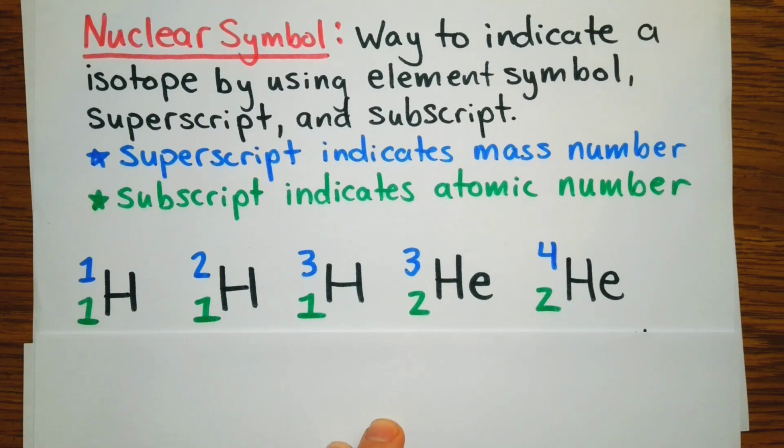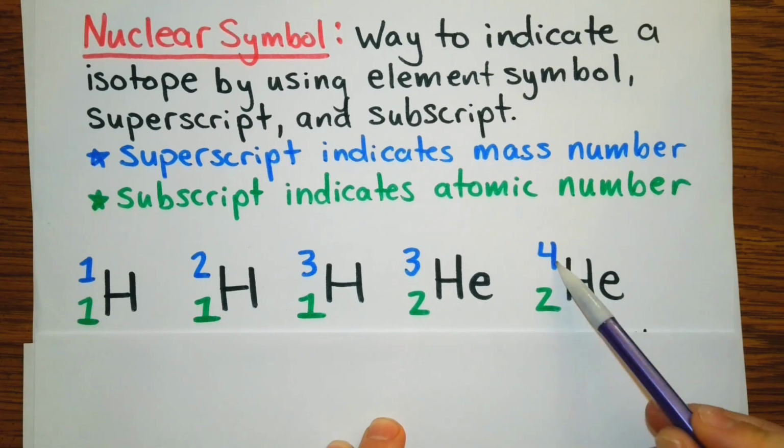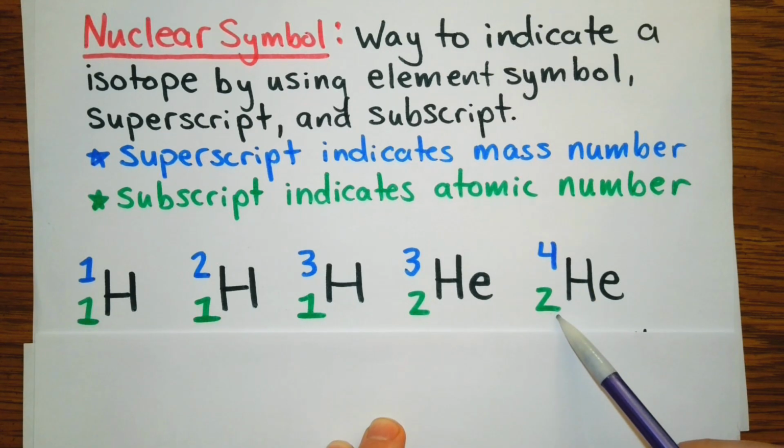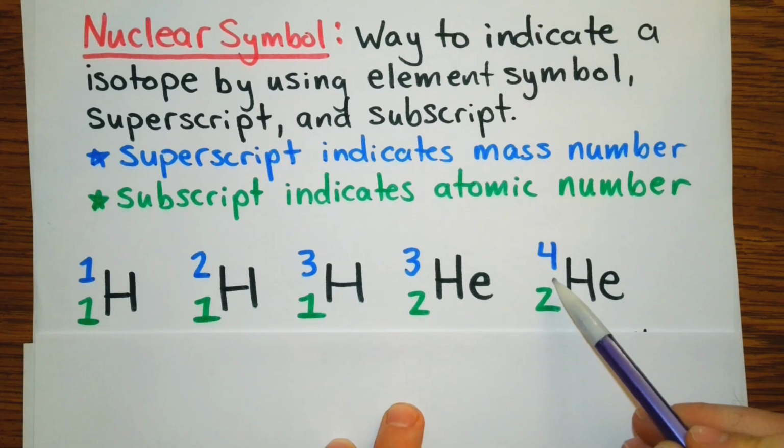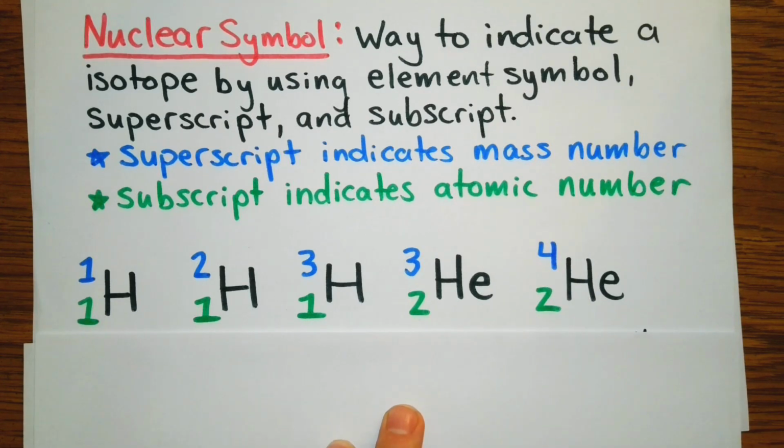And other examples such as helium. Helium has 2 protons, and for helium 3, what we have here is 2 protons plus 1 neutron for a mass number of 3. Helium 4 has an atomic number of 2. So an atomic number of 2 says 2 protons plus another 2 neutrons give us a mass number of 4.